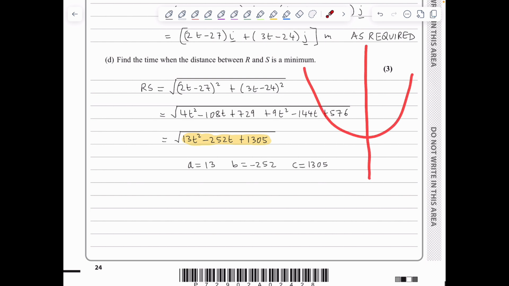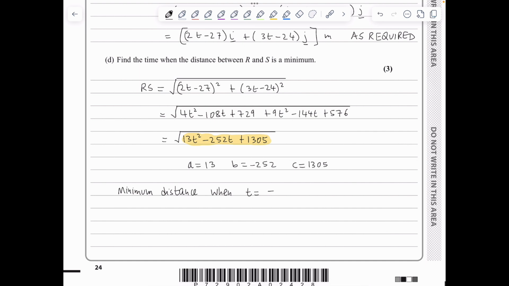The symmetry is always at x is minus b over 2a, which means that the minimum distance is when t is equal to minus the negative 252 over 2 times 13. This gives an answer of 126 over 13, which I can leave in exact form, or I can give to 3 significant figures as 9.69 seconds.